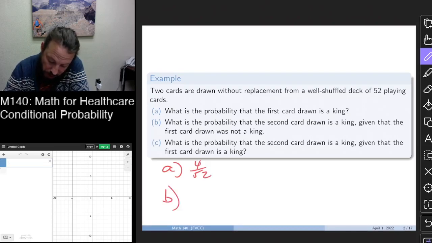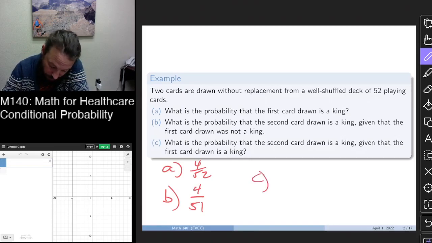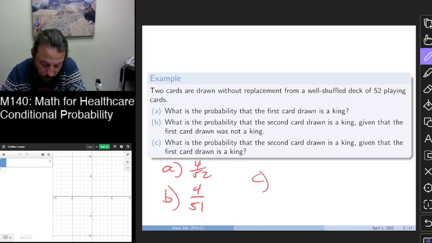B: What's the probability the second card drawn is a king, given that the first card drawn was not a king? Well, let's think about it. There are 51 cards left. I know that the first card was not a king, so I still have 4 kings left. So it's 4 over 51 is the probability.